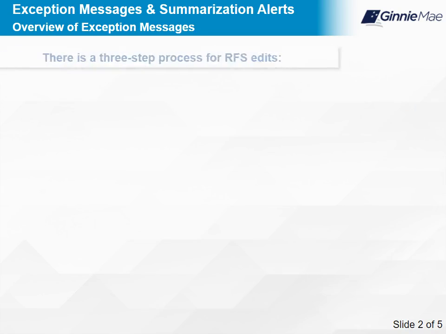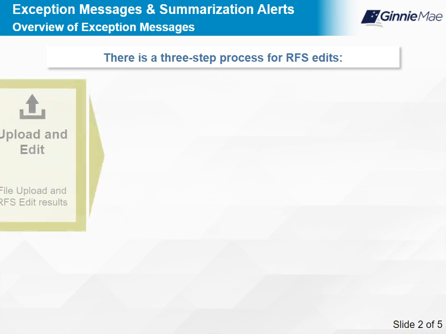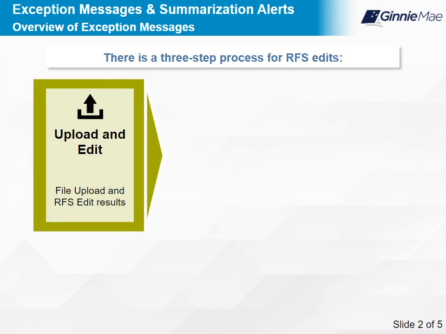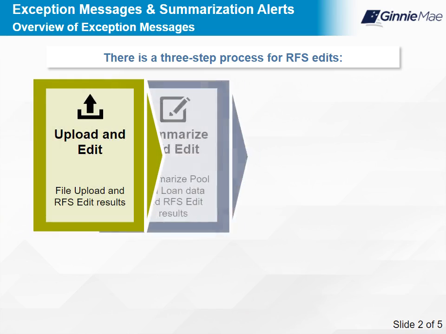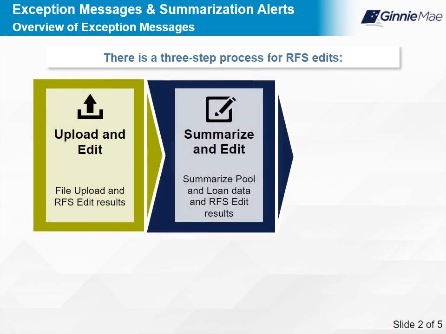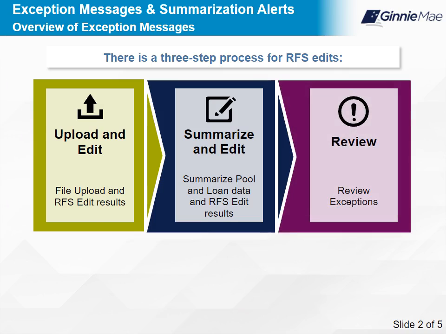You may recall from the basics of RFS training that there is a three-step process for RFS edits. First, file upload and RFS edit results. Second, summarize pool and loan data and RFS edit results. And lastly, review exceptions.